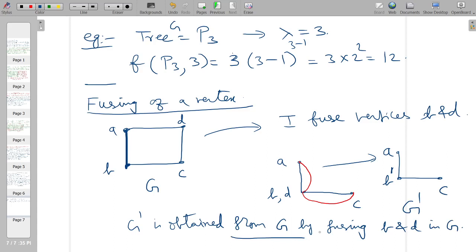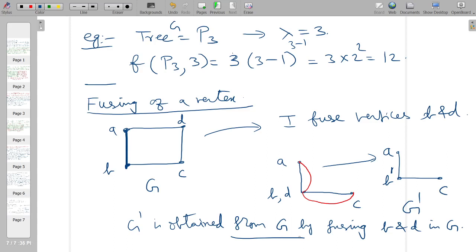This is a point that you have to remember: what is meant by fusing of two vertices in a graph. What I do is I take a vertex and put it on the other vertex, and I maintain the adjacency relations as such. And if I don't get a simple graph, or if I get multiple edges, I omit the multiple edges and take a single edge, thereby converting it into a simple graph.